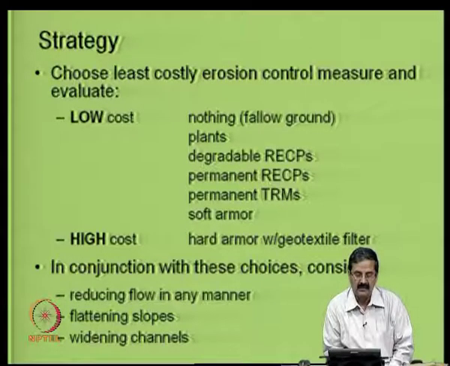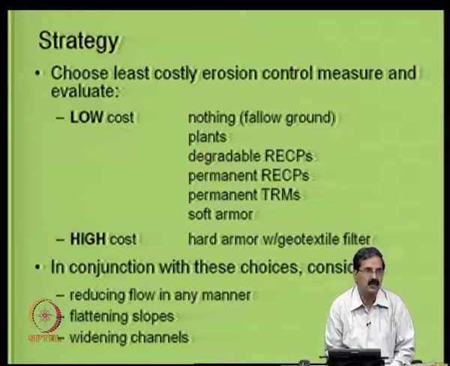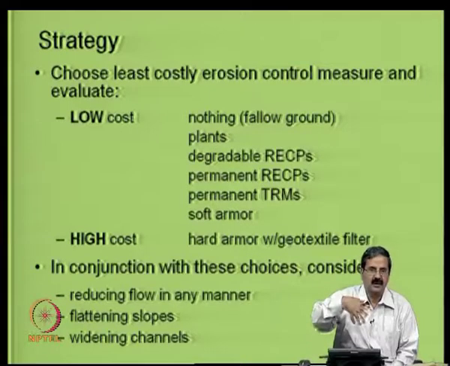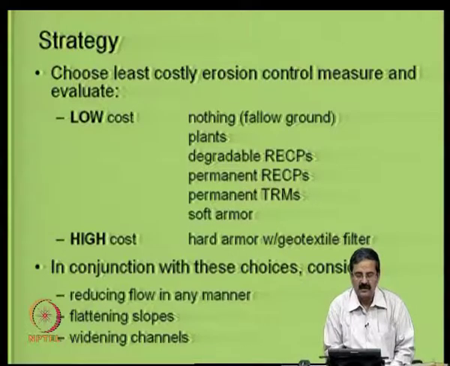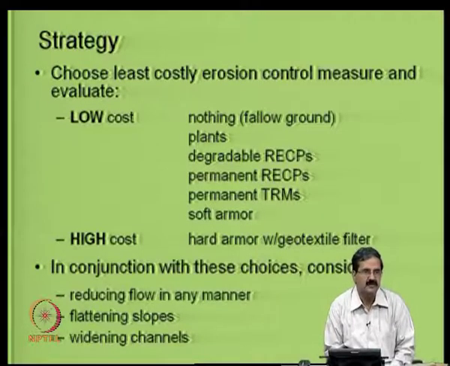So there have been different strategies to control this. Of course you don't do much, but the simple thing is to do plantation. Okay. The plantations offer a resistance to flow. You will be knowing about the concept of fiber reinforced soil.